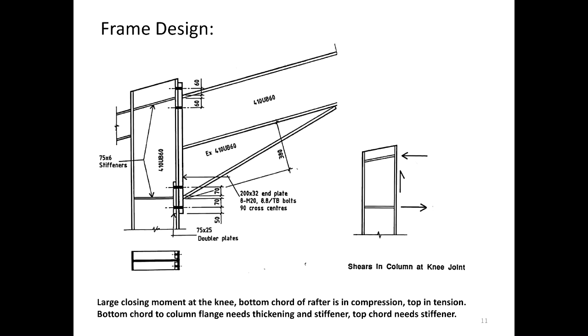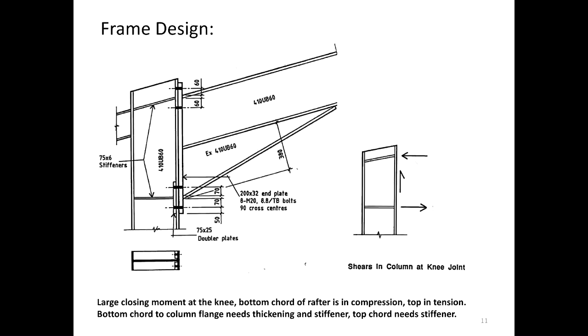Similarly, when you have internal pressure pushing the roof upwards, it is going to tend to stretch the vertical column, and the roof rafters are going to push upwards and try to do something like this. Is that correct? In that case, it's likely to fail the top part of the column flange as well. Hence, we have Doppler plates at the top as well in some cases.